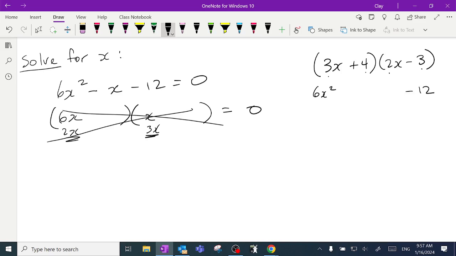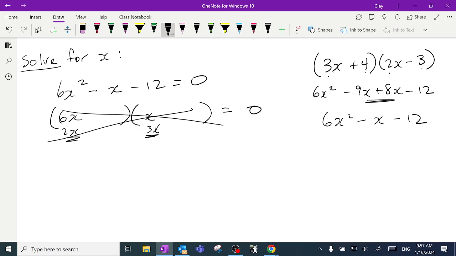And in the middle, you get 3x times negative 3, which is negative 9x, and 4 times 2x, which is plus 8x. And then those two things add up to make minus x. So there it is. There's the two factors I'm looking for.